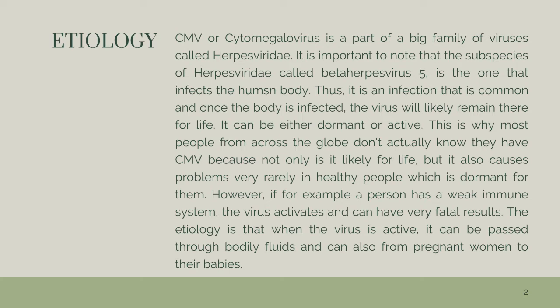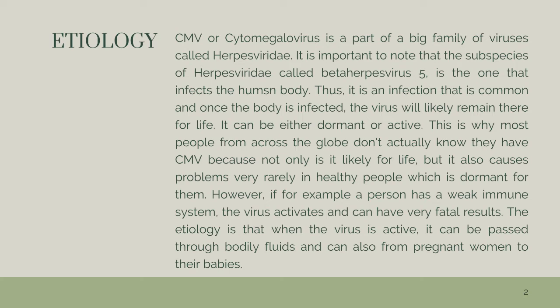This is why most patients across the globe who suffer from this disease don't actually know they have CMV unless they are diagnosed with it, because not only is it likely for life, but it also causes problems very rarely in healthy people, which is what you call very dormant.